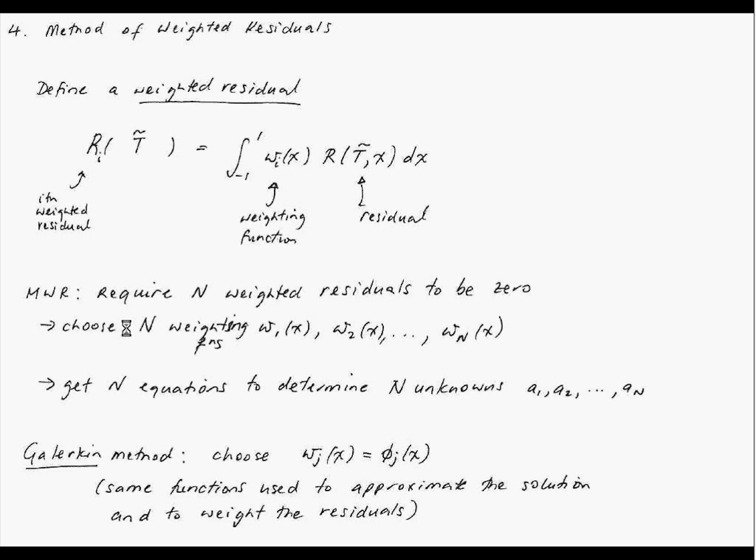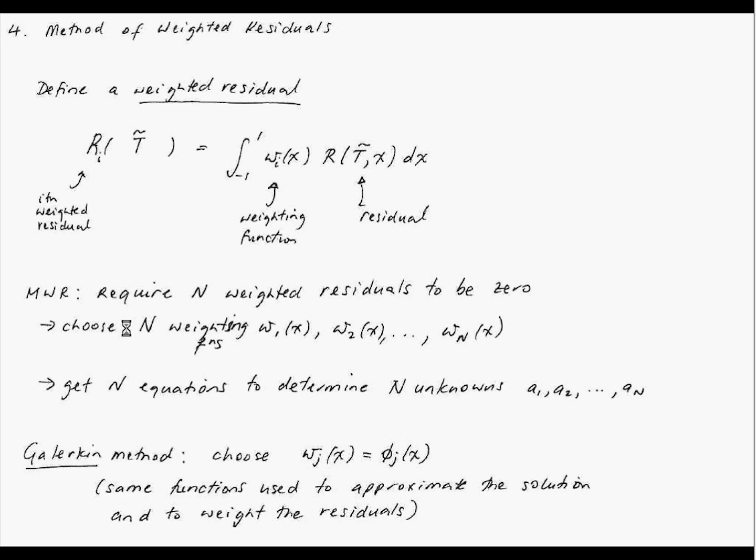Okay, turns out you don't have to do that. There's a bunch of other methods. There's Petrov-Galerkin methods where you can choose different weighting functions, but we're only in this class going to consider collocation methods where you choose the weighting functions to be the same basis functions that we're using to approximate the solution. So the collocation method is a very special choice that says choose w_j to be equal to phi j.